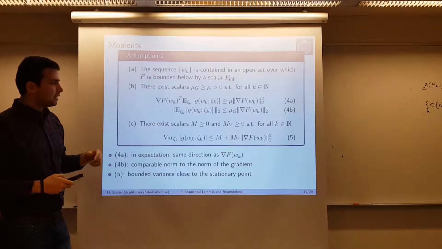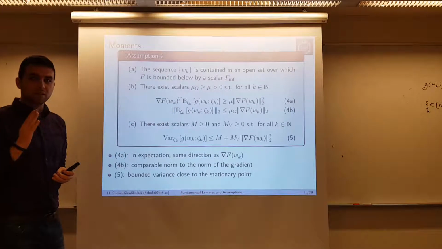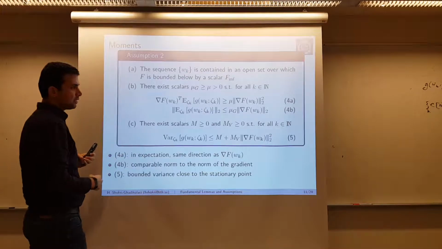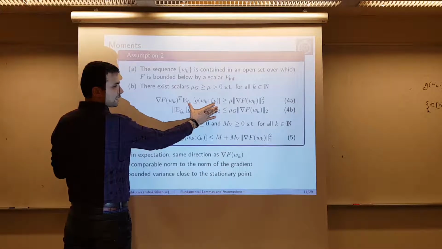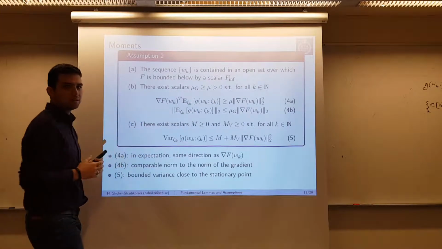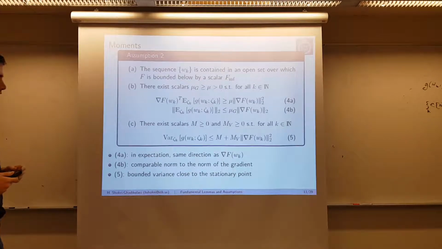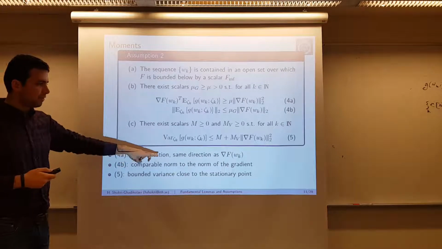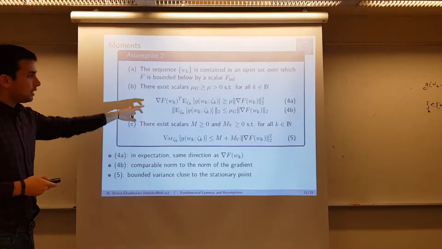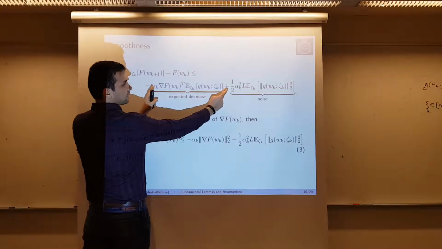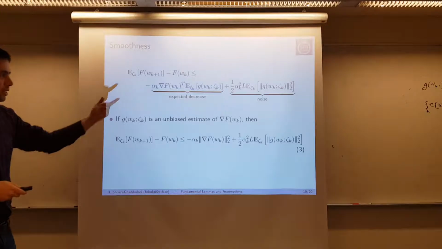So it essentially says that on average, not on each iteration, but on average, we are moving in the same direction as this gradient. Okay, so this is the meaning of this. So in expectation, we have the same direction as the gradient. And if so, then we can make sure that this term here is positive. Okay, so this is just for that.